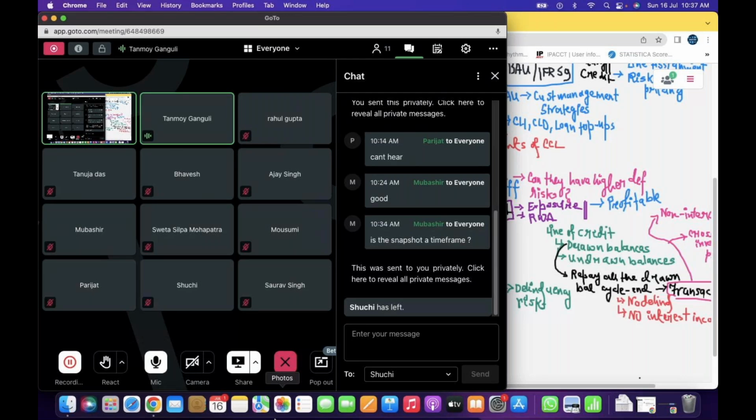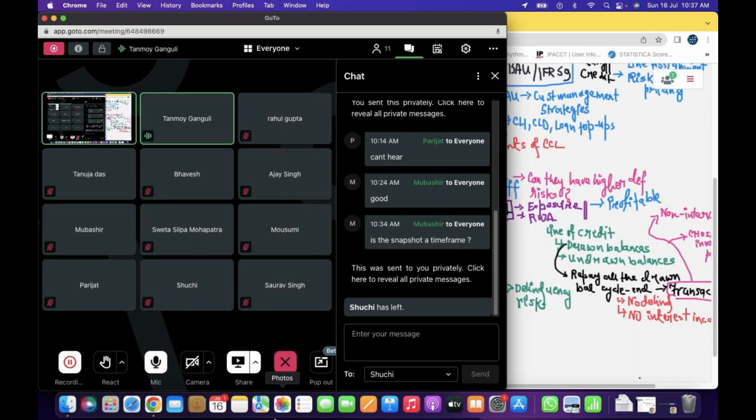Yes, Mubashir, a snapshot means a reporting date as on a given month. So if you are looking at data as on, let's say, Jan 2021 or March 2021, then that's a time frame. That's a snapshot. Like when we are taking pictures, we freeze a photograph. Similarly here, a snapshot is a month.